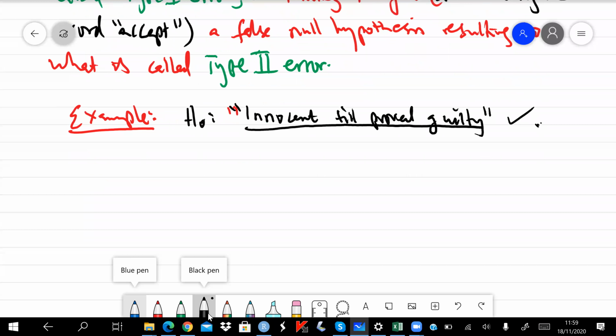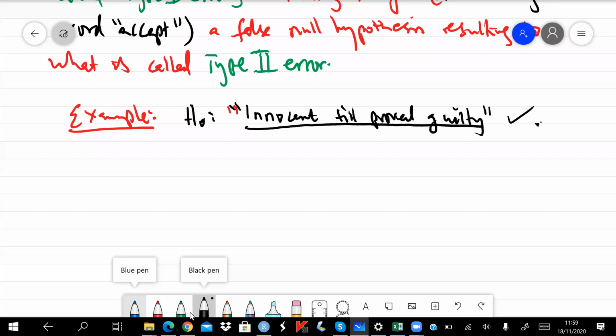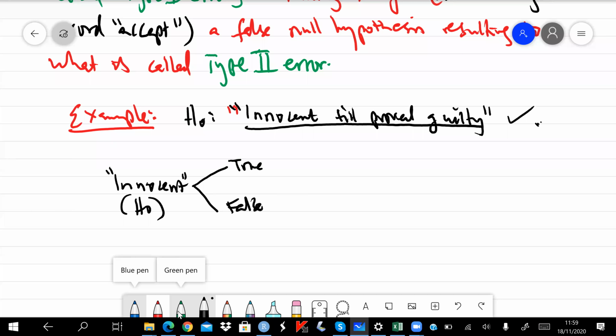Okay. So in this context, we'll have "innocent" as our null hypothesis. The word innocent is in quotes. So we assume that the guy is innocent. This is like our H naught. This claim is either true or false for every suspect who is arraigned before the court of law. They are either actually innocent or they are actually guilty, so to say.